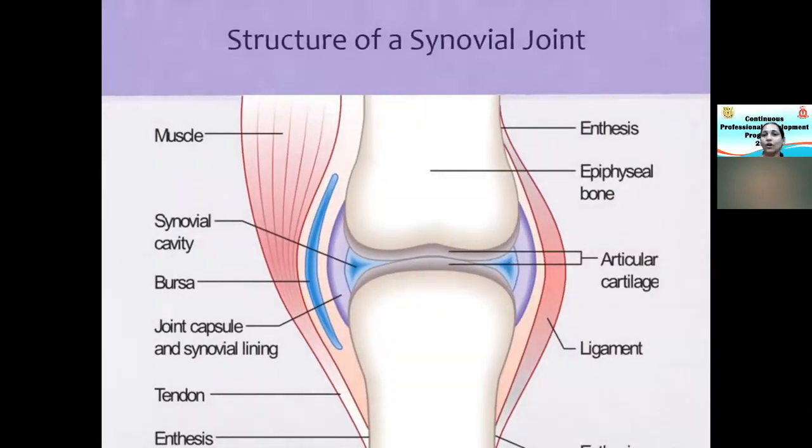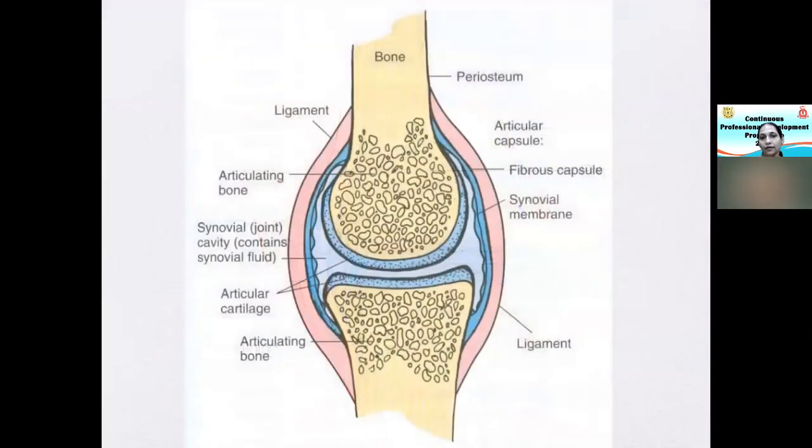This is the structure of a normal synovial joint where you have the epiphyseal bones, the articulating surfaces, which are covered by the articular cartilage, and on the outer surface, we have the fibrous capsule, which in turn is lined internally by the synovial membrane. The articular cartilages and the fibrous capsule lined by the synovial membrane form the synovial cavity, which contains the synovial fluid that lubricates.